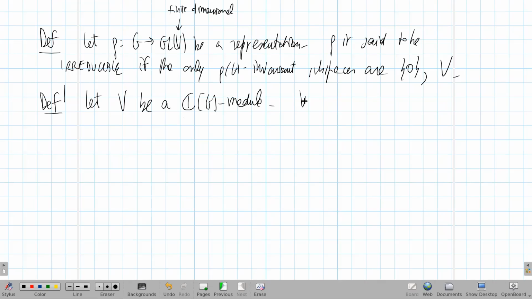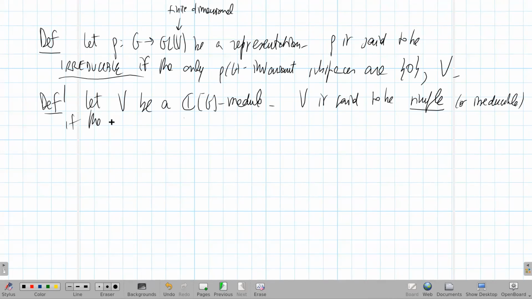Then V is said to be simple or irreducible if you prefer, if the only CG submodules. I could have said simply submodules because there is only one algebra, only one ring acting, this CG. Submodules of V are, and you guess what, 0 and V, okay?